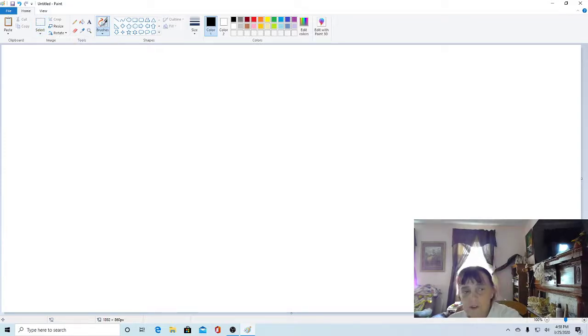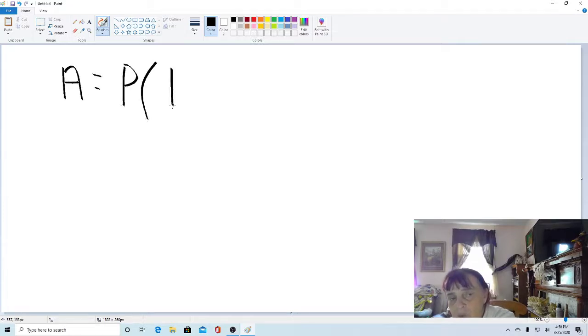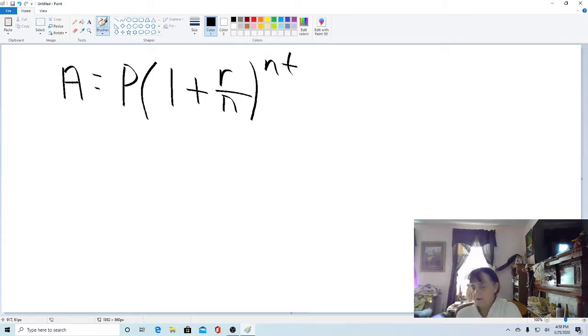Okay, so we have to use this formula. A equals P times 1 plus R over N to the NT power. Now, he wants to have this amount available. So that's the amount A, not the principal. That's the final amount.